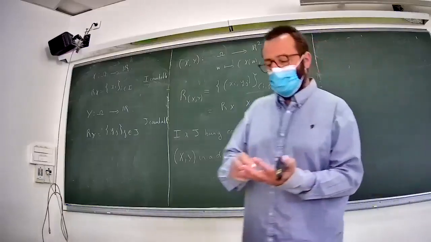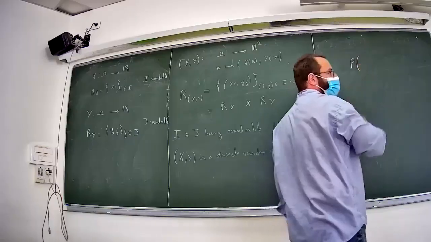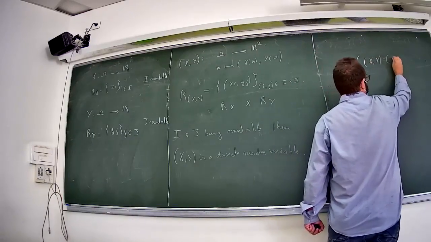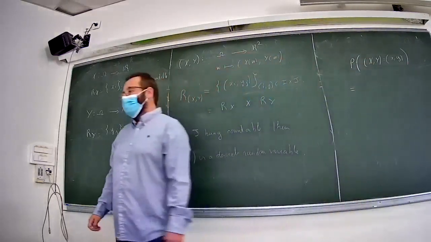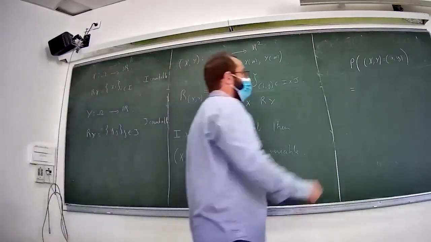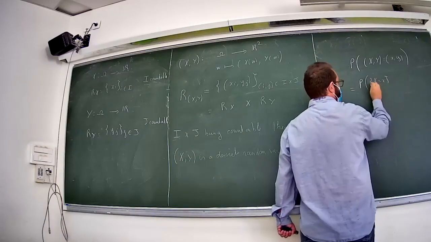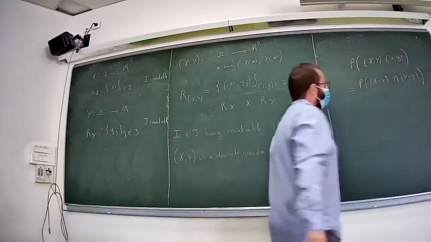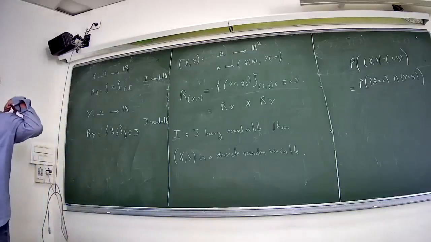And what is the probability mass function here? It's the probability that the pair (X, Y) is equal to the pair (small x, small y). But what is the meaning of this one? A pair is equal to another one if they have the same components, in fact. Okay? So it means that it's the probability that X is equal to small x intersected with Y equal to small y. To say that a pair is equal to another one means just that the first components are equal and the second components are equal.